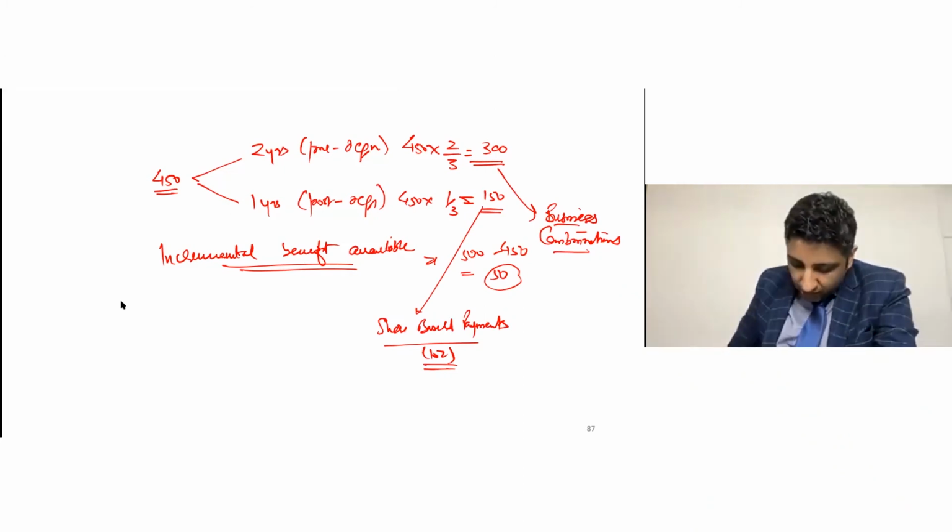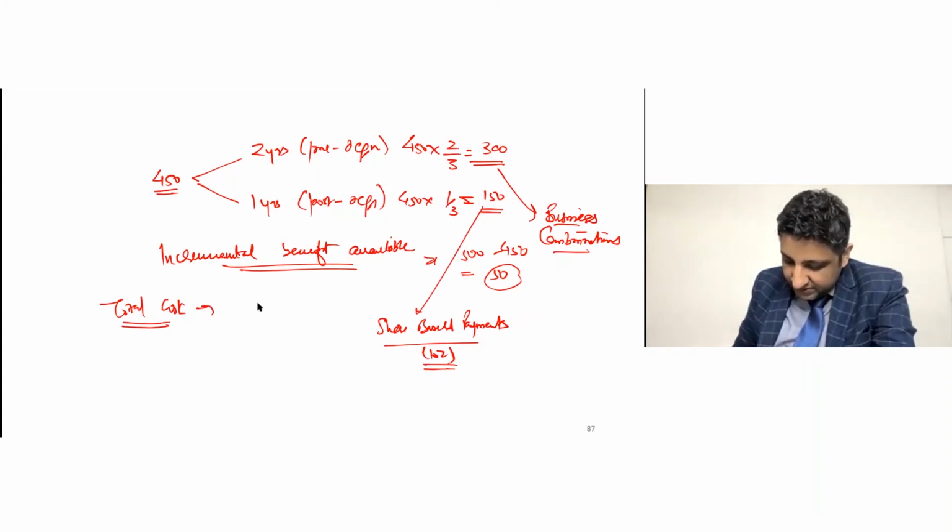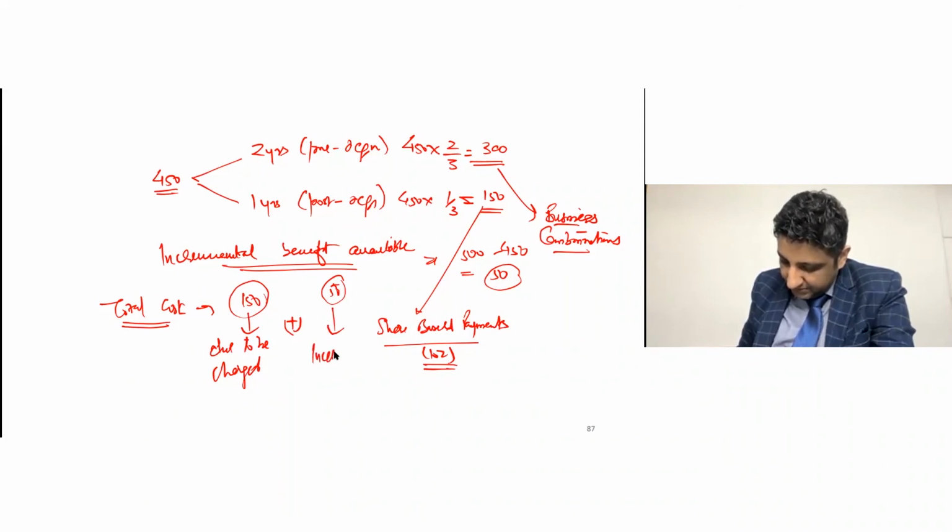So the total cost that needs to be accounted for in the books is the remaining cost to be still charged over the remaining vesting period, right? This is still due to be charged, plus the incremental benefit which is available to the employees because the plan has been replaced.